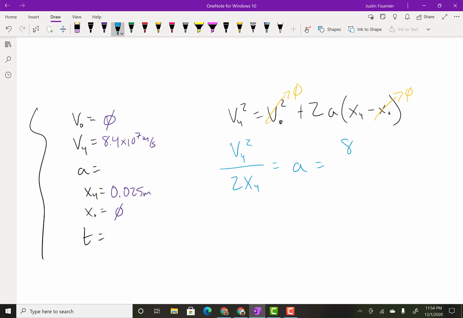So v4 is 8.4 times 10 to the 7, squared, divided by 2 times 0.025. And this gives me an acceleration of 1.41 times 10 to the 17.